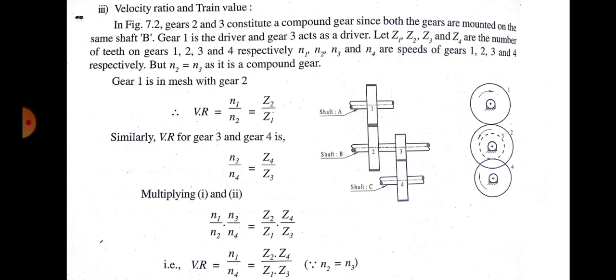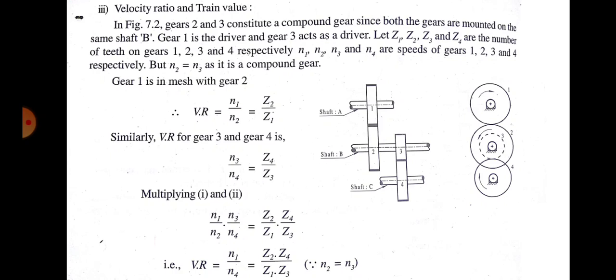Okay. Similarly, we will take Z1, Z2, Z3 and Z4 as the number of teeth on gear 1, gear 2, gear 3, gear 4 respectively. And similarly, N1, N2, N3, N4 be the speeds of gear 1, gear 2, gear 3, gear 4 respectively.